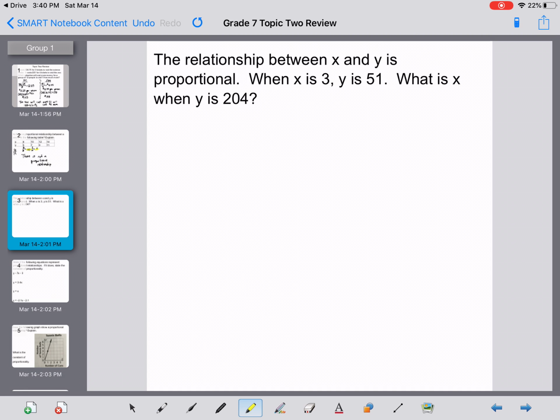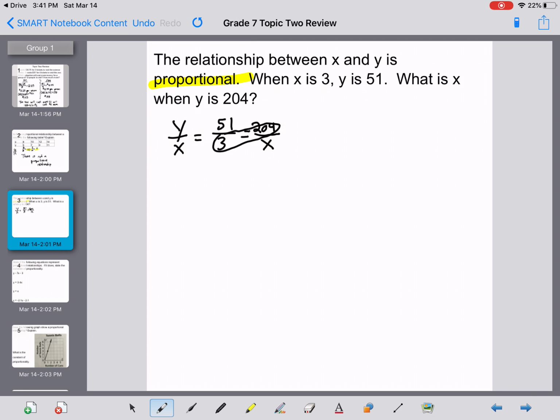Since they tell me that the relationship is proportional, I can set up a proportion of y over x. When y is 51, my x is 3. So it should be 51 over 3 is equal to, I want to know what x is, so I'll have an x, when y is 204.